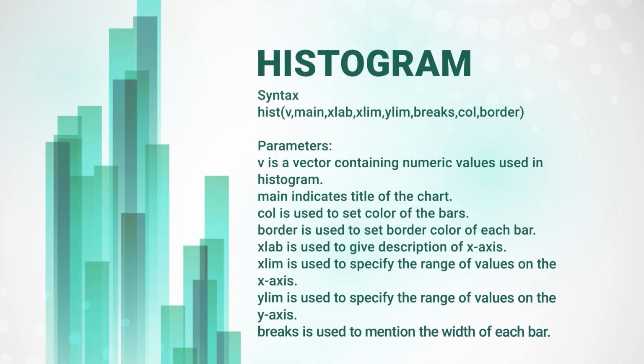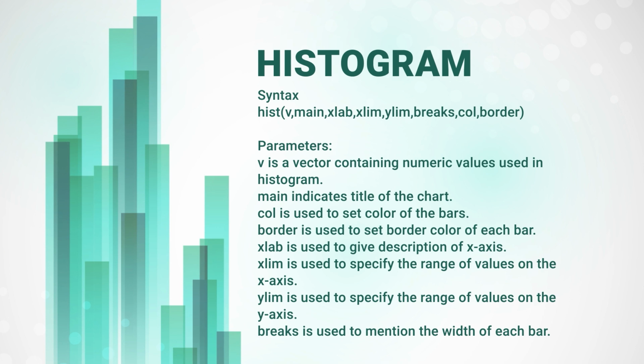So again the syntax is very simple. In this you just have to write the function name hist, followed by v, which is again a vector, then main, xlab, followed by xlim, ylim, and then there is breaks, col and border. Now check here, what is xlab?